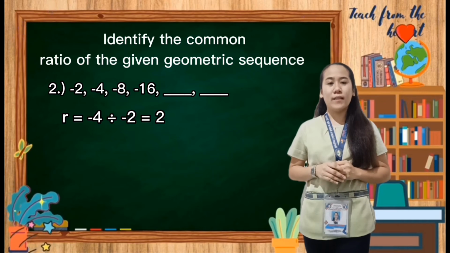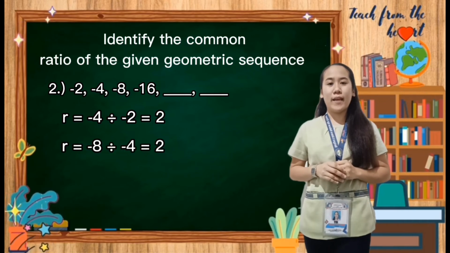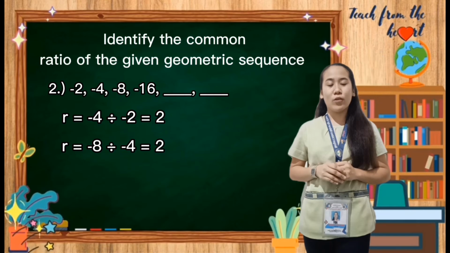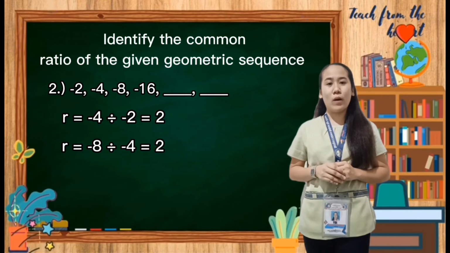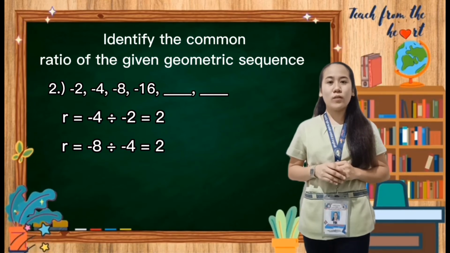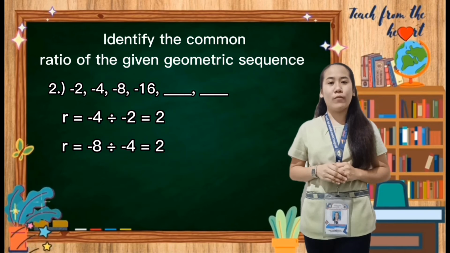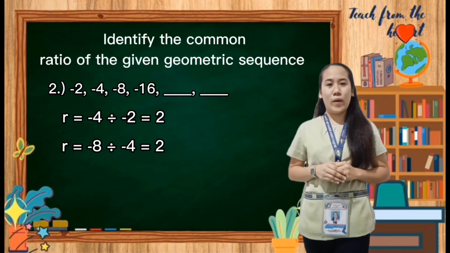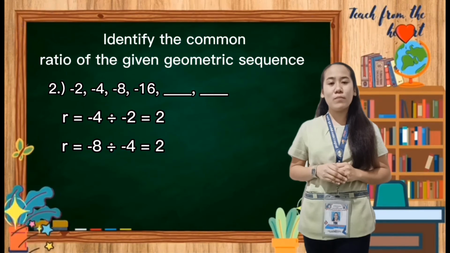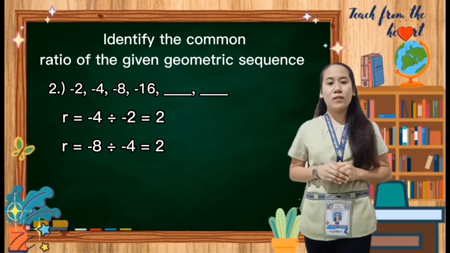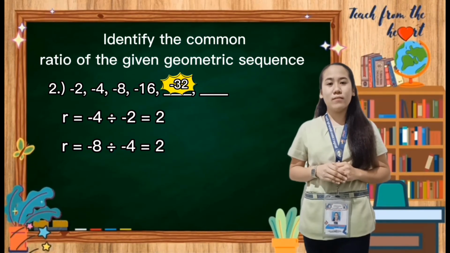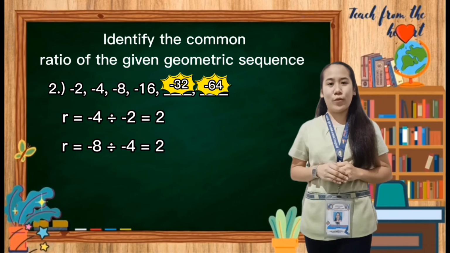Next, we divide negative 8 by negative 4. The common ratio is also positive 2. So this is also an example of a geometric sequence. The next terms in this sequence are negative 32 and negative 64.